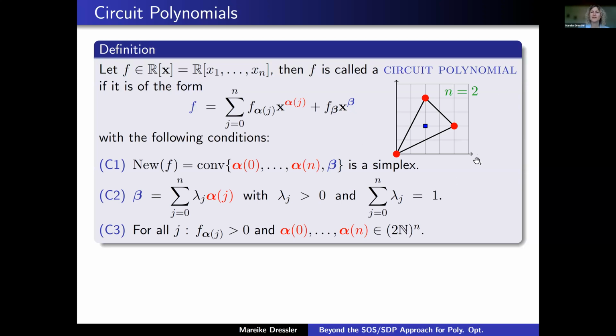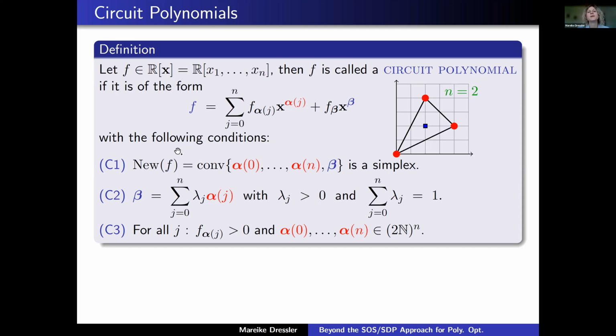So here is the support of a circuit polynomial plotted. The support of a polynomial, remember, is the exponents of a polynomial, and I can draw these exponents as points in this coordinate system. The conditions that a circuit polynomial has to satisfy are the following.